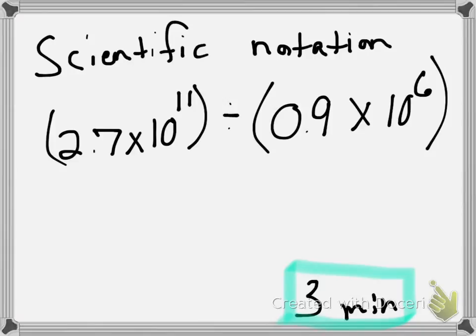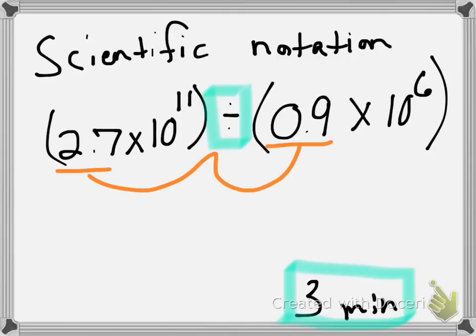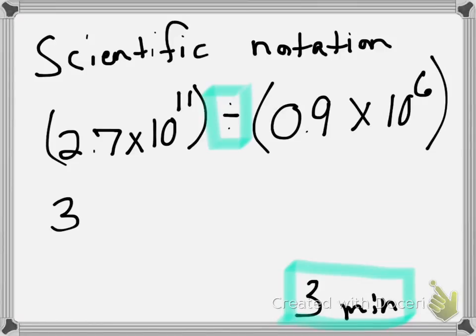Okay, now in going over the answer, I need to recognize that this is division. So I'm going to divide this number by this number. Okay, it's that simple. So when I do 2.7 divided by 0.9, it should give me 3, which is the same thing as 3.0.